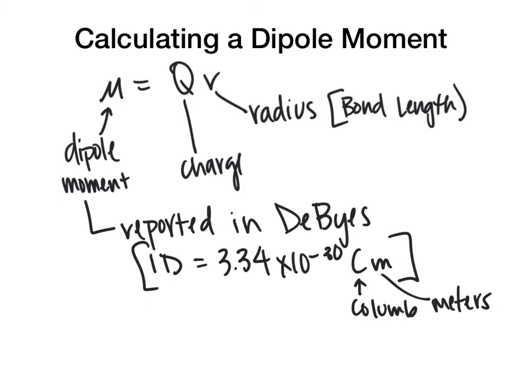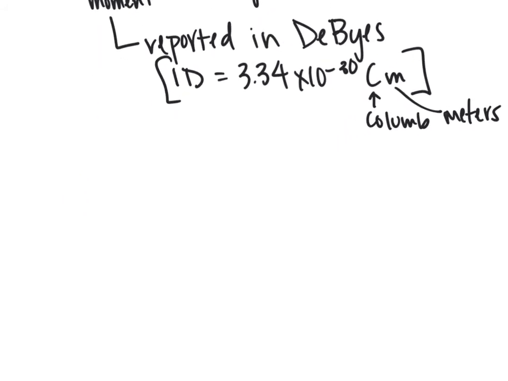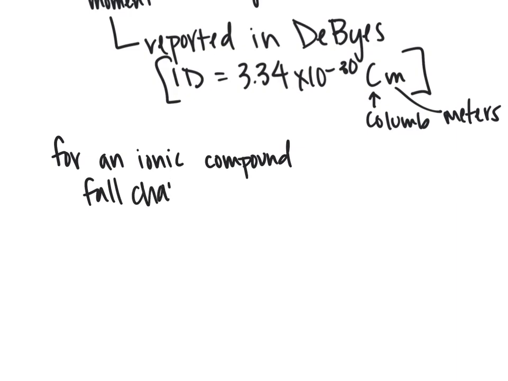So if we have a fully separated charge, for an ionic compound, this means we have full charge separation at 1.0 angstrom.